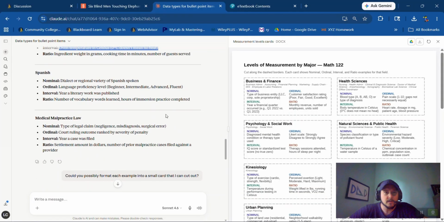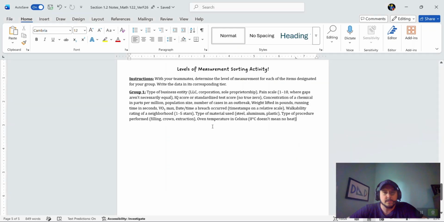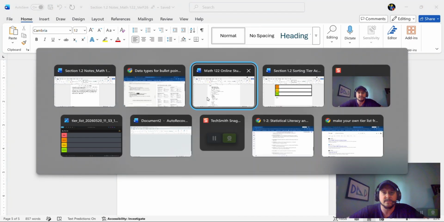Then maybe another ordinal. And that can be our first group's list of examples. And so they would just, probably abbreviate some of this and just categorize these into the different tiers.